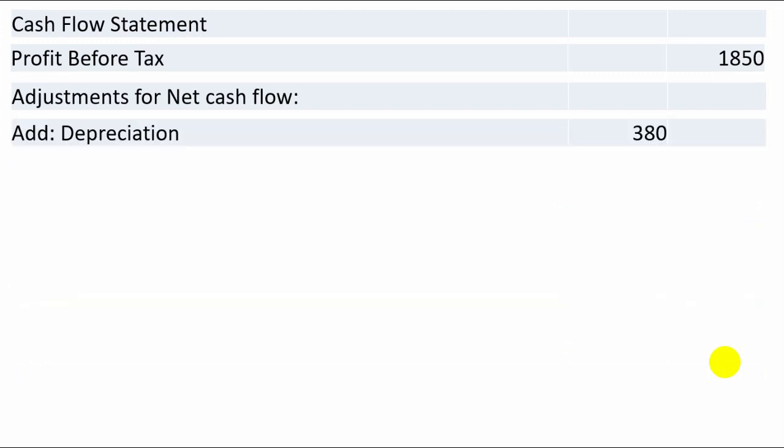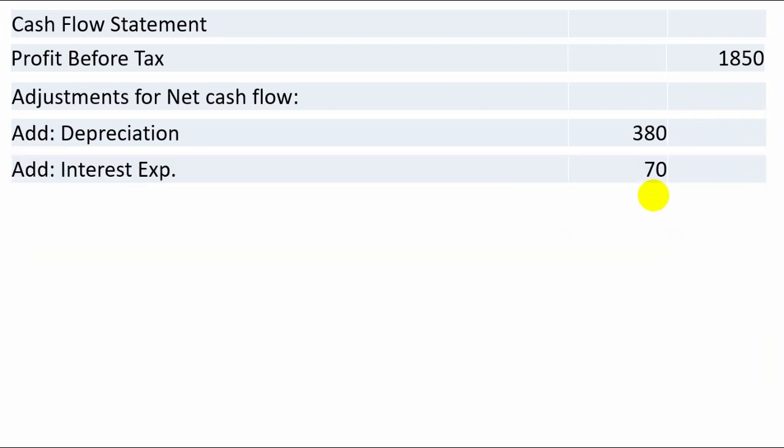A few of the examples are depreciation. If the company has deducted depreciation from the profit and loss account, then that depreciation is basically a non-cash expense, meaning no cash has gone out of the business for this particular expense. So we add it back to the profit before tax value of 1850.